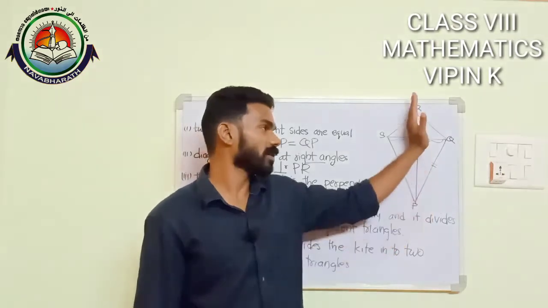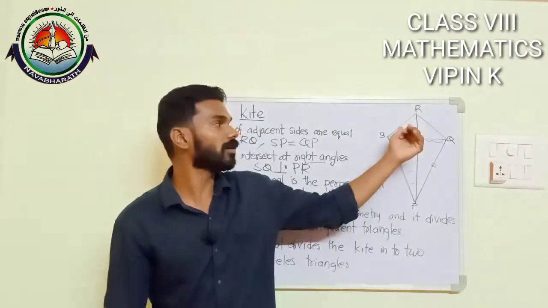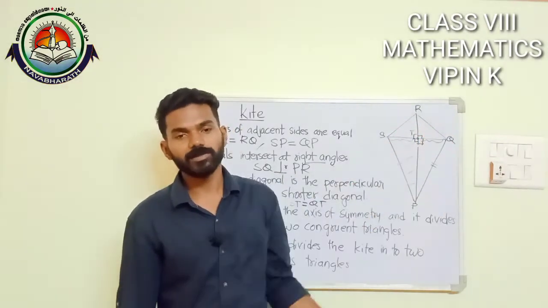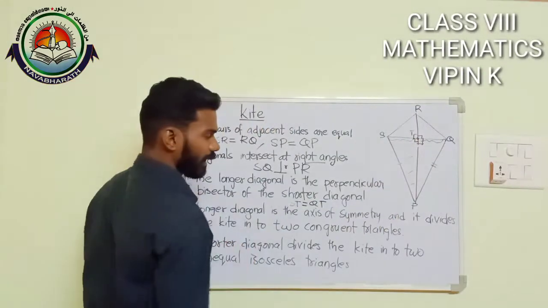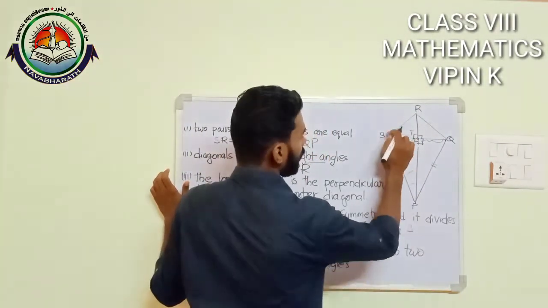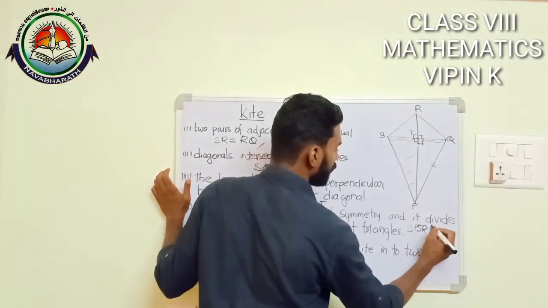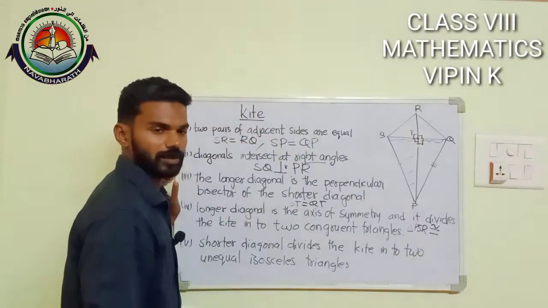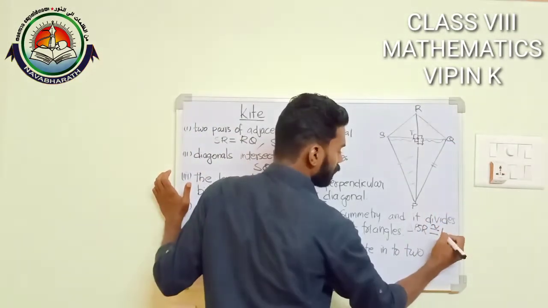The major diagonal, or the longer diagonal, is the axis of symmetry of a kite. So which are the congruent triangles? Two congruent triangles are formed here. Triangle PSR, which is congruent, this is the symbol of congruency, to the triangle PQR.